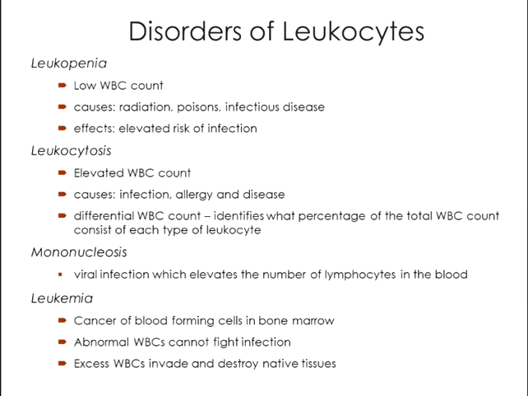And that's where a differential white blood cell count comes into play, which you'll see a little bit later. It helps to identify the percentage of the total white blood cells, and then helps us to differentiate what the problem might be. So let's say we know a given percentage for neutrophils, and those neutrophils are elevated. Well, what were neutrophils known for?